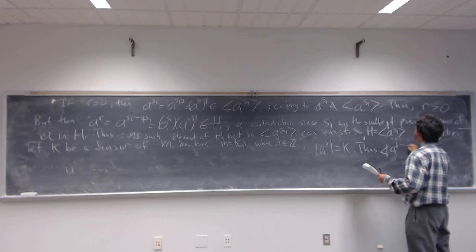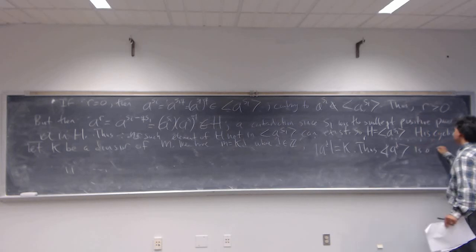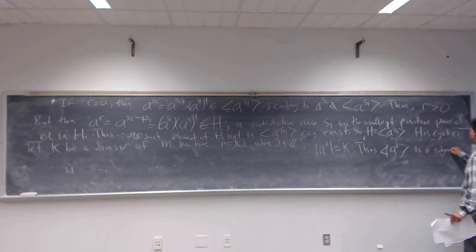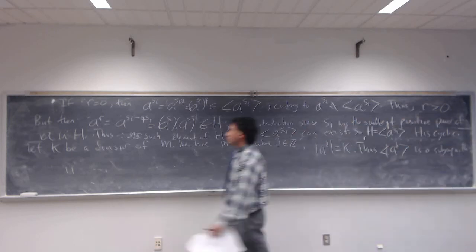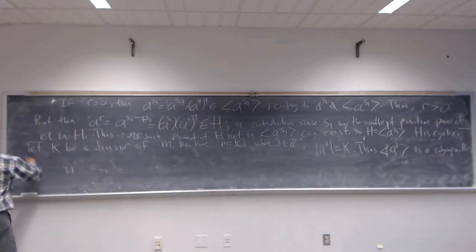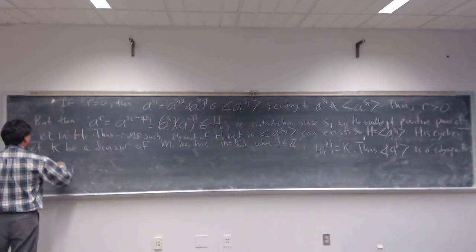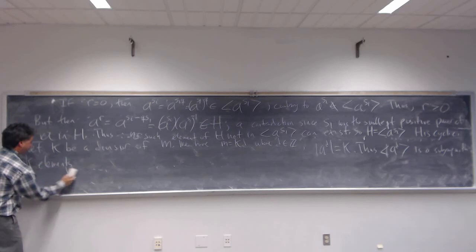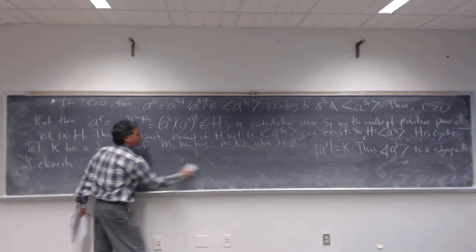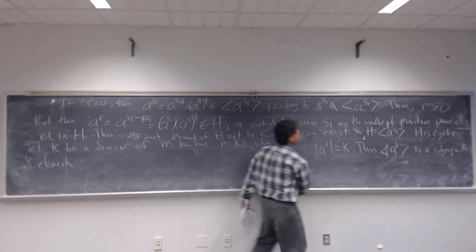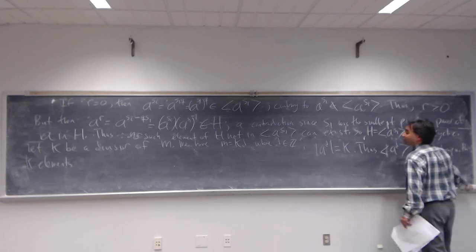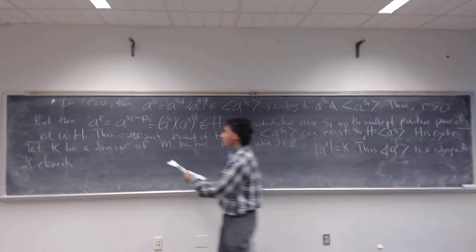Thus, the cyclic subgroup generated by A to the D is a subgroup with K elements. So we've shown for each divisor of the order of a cyclic group, we have a subgroup with that many elements. Let us show this is the only one.